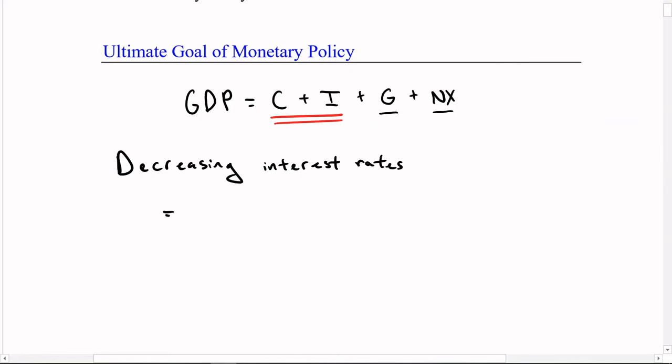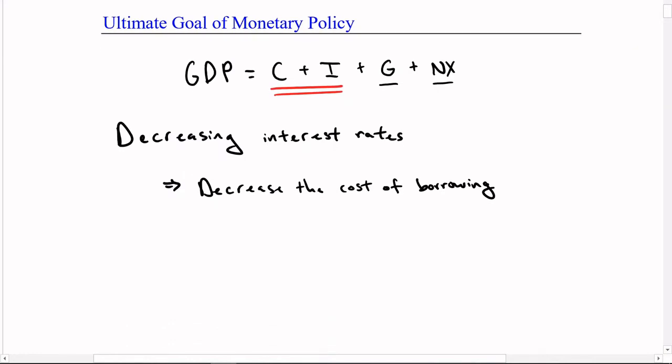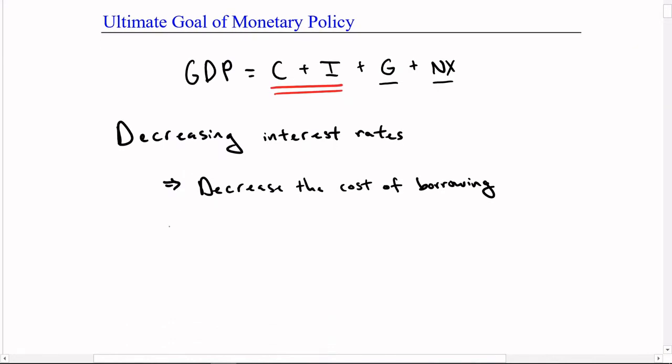And in doing so, that's going to decrease the cost of borrowing, right? So now individuals and businesses, if interest rates are lower, they can go to the bank and they can get a loan for a smaller price. Ultimately, the price of money, or the price of a loan, is the interest rate. So if interest rates go down, the cost of borrowing decreases.